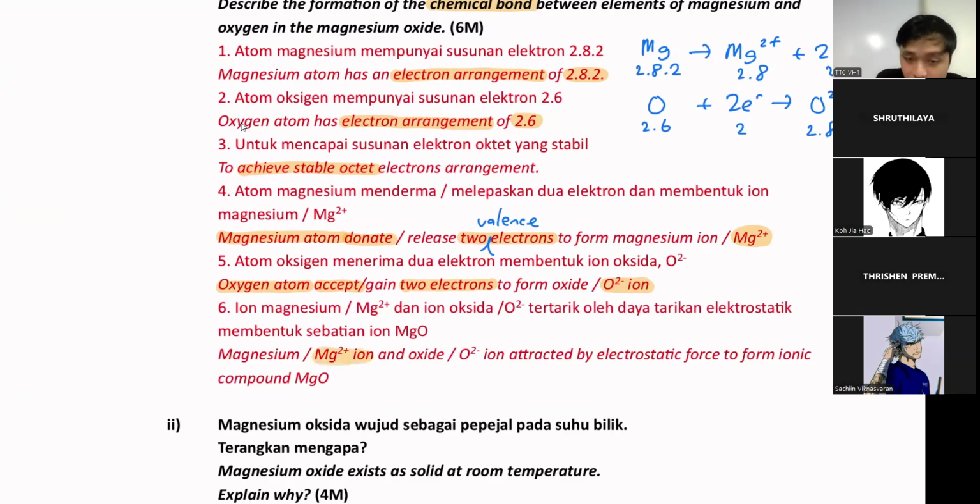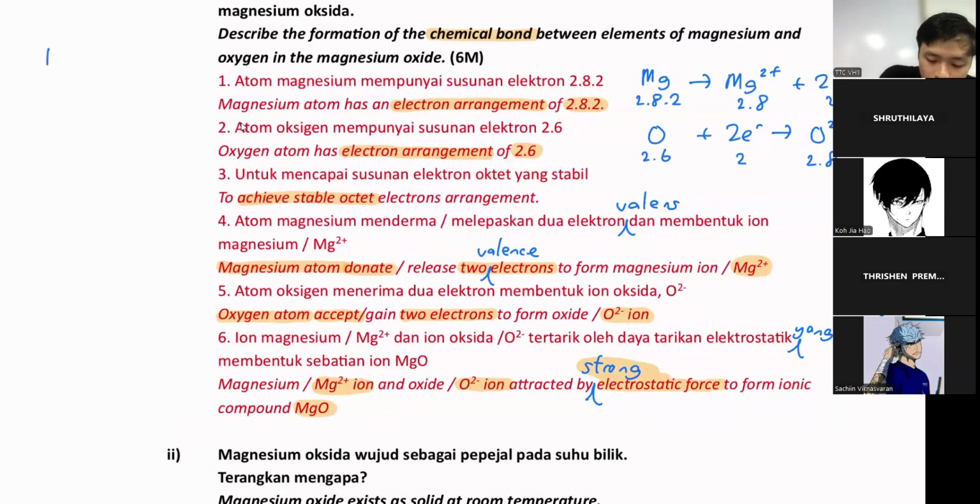So Mg2 plus ion and oxide ion are attracted by a strong electrostatic force, in Malay daya tarikan electrostatik, to form ionic compound. The final formula is MgO.